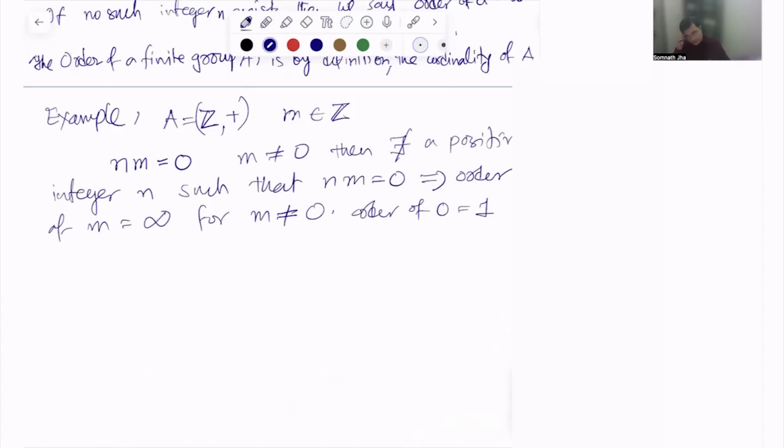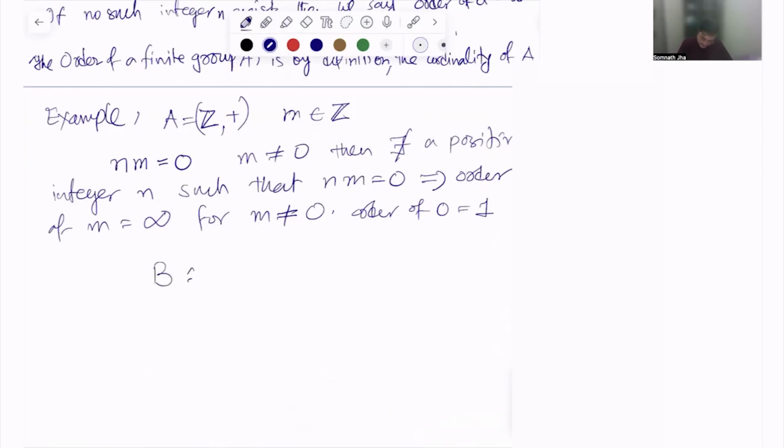So by definition, the order of an identity element is tautologically equal to 1. So in the integers Z, the order of every element is infinite other than the identity element, which is 0.